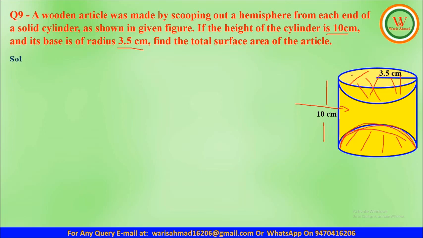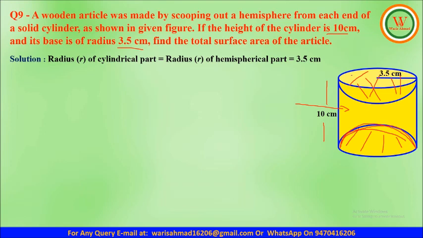In the solution we can write radius of cylindrical part will be equal to radius of the hemispherical part, and both are equal to 3.5 centimeter, because hemisphere and cylinder both have the same base, hence the radius will be equal, that will be 3.5 centimeter. Height of the cylindrical part, which is already given, is 10 centimeter.